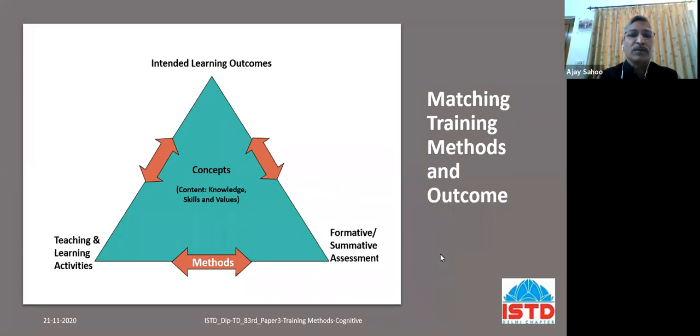Basically, the outcome which you desire from any training program would determine which training method you would adopt. Training is one of the solutions of a business problem. If you can remember that it's only one of the solutions, it's not the panacea of all the ills of an organization.